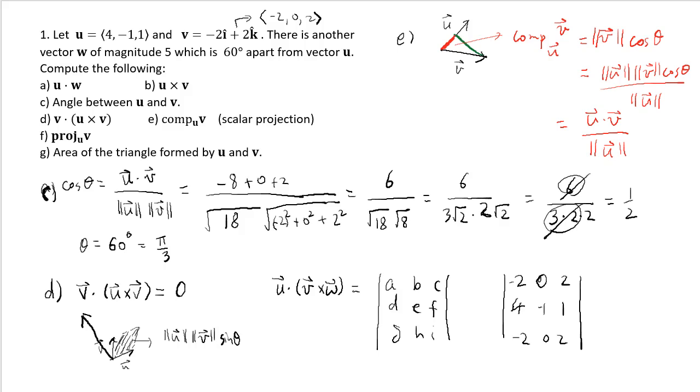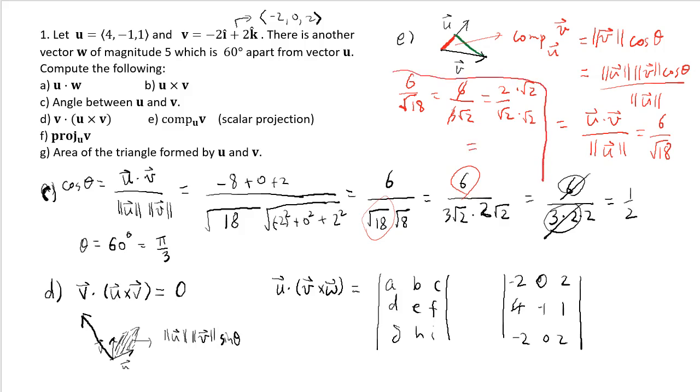We already computed U dot V somewhere. It's here, right? 6. And this is the norm of U, which is square root of 18. So in our case, the answer would be 6 over square root of 18, which is 6 over 3 radical 2. 3 and 6 cancel, and you get 2 over radical 2. If you rationalize the denominator by multiplying by square root of 2 top and bottom, you end up with 2 radical 2 over 2, which is radical 2. So this length here is radical 2. That's what we found.